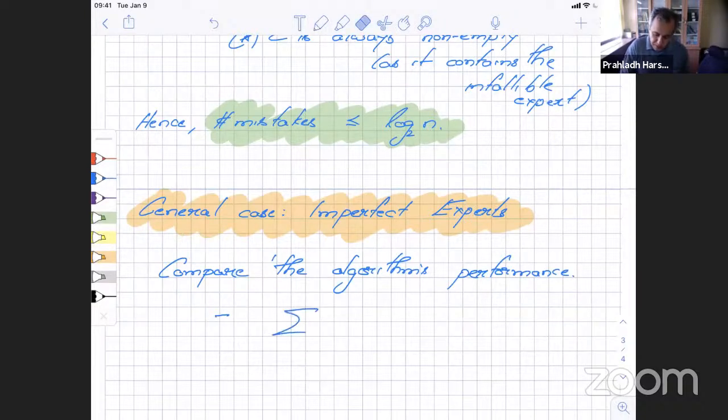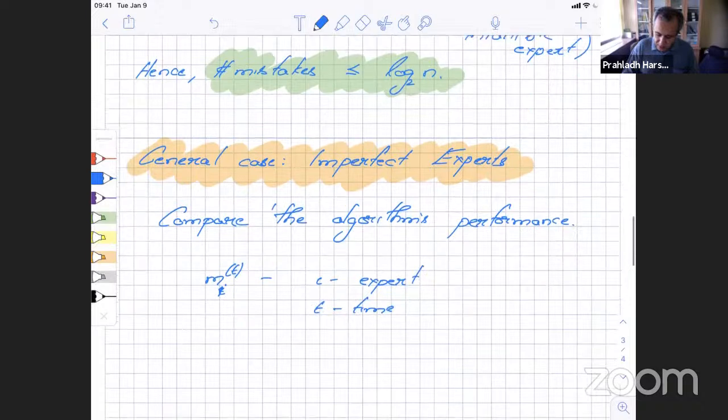Let me set up some notation before starting this. We're going to assume that at every time step, you have the following. I'm going to come up with this number M_i^t. Here i is an expert and t is the time, and M_i^t is a number that belongs to {0, 1}.